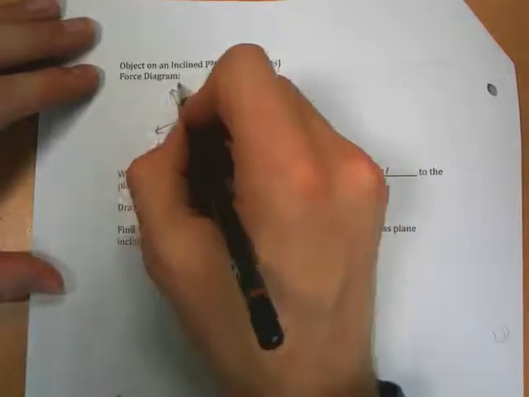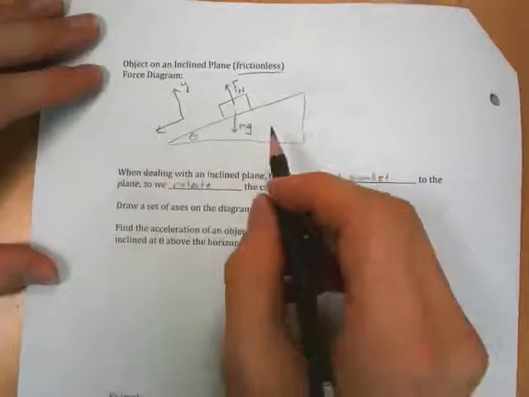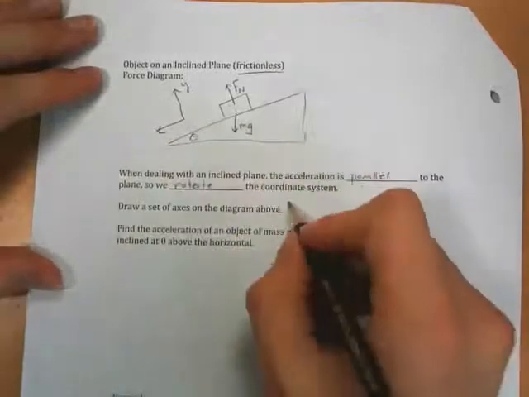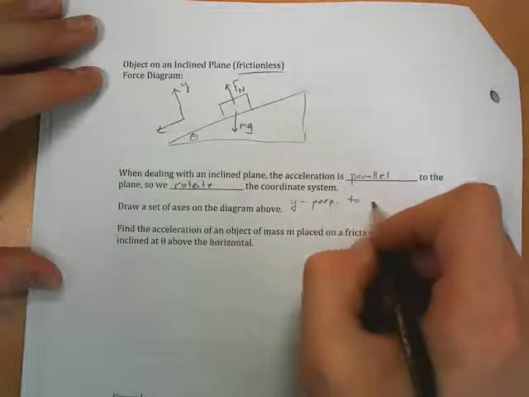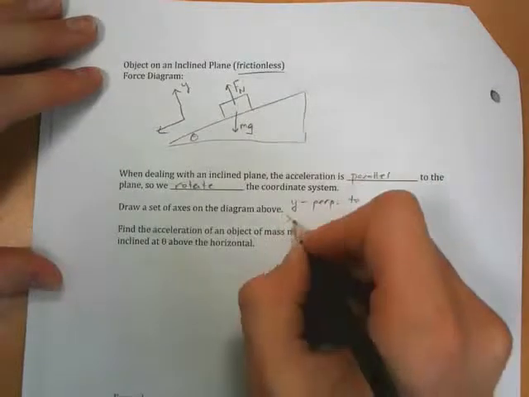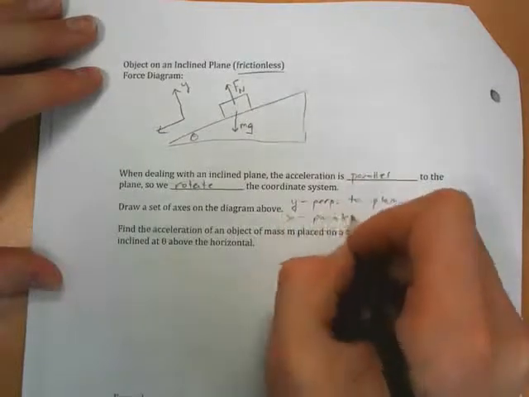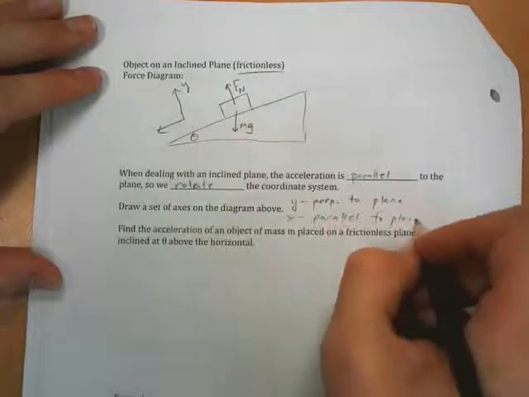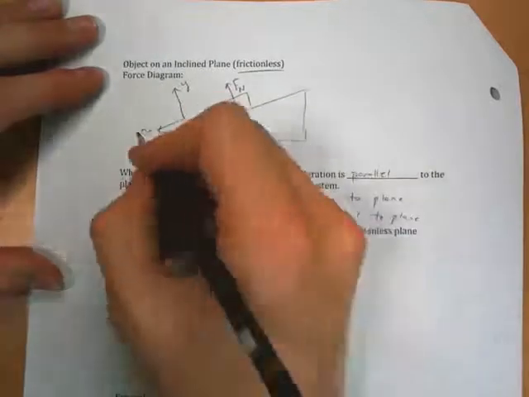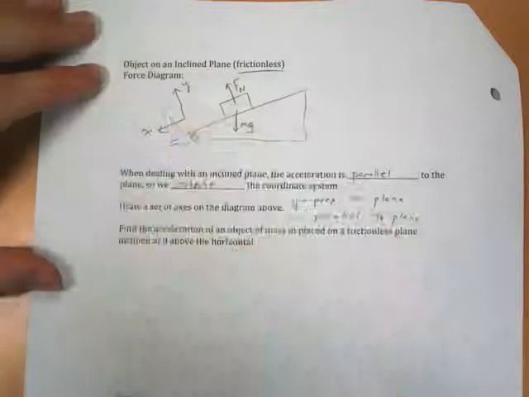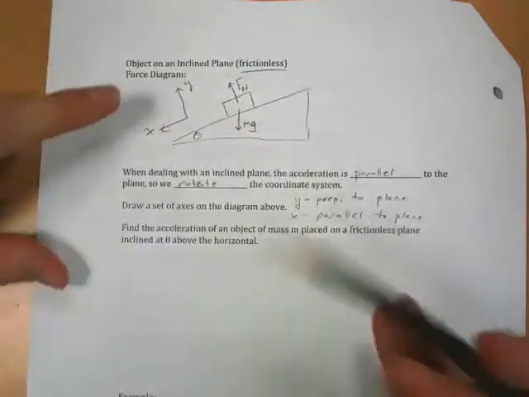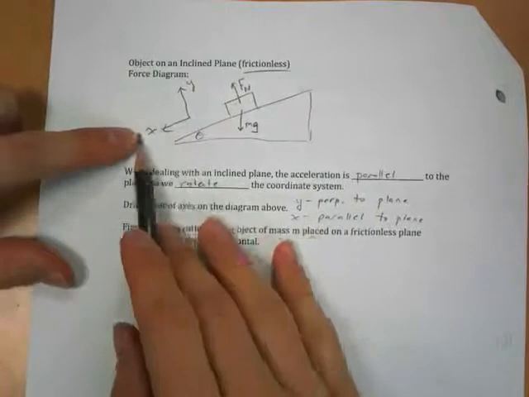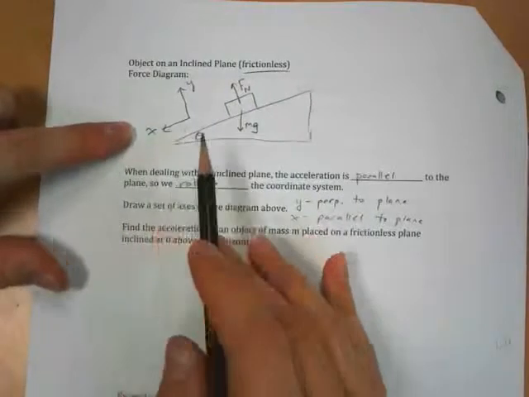We'll call the y direction the direction that is perpendicular to the plane, and the x direction is the one that is parallel to the plane. These are just conventions. You could call this way x and this way y if you wanted to, but I'm going to stick with this standard, and I will generally call the positive x direction down the plane.